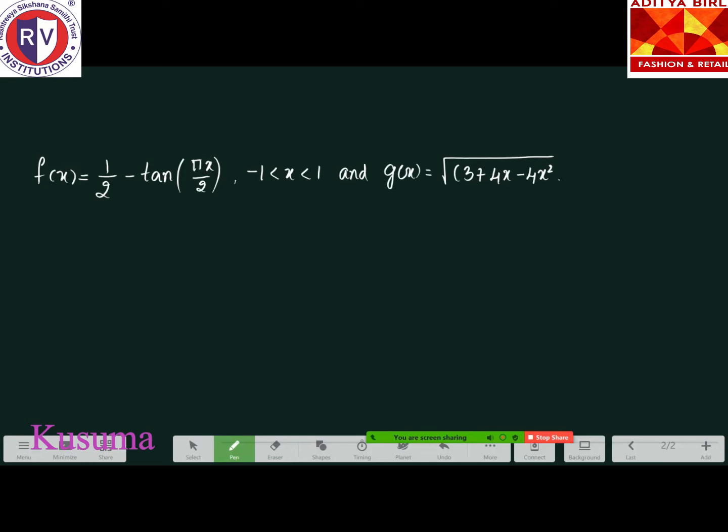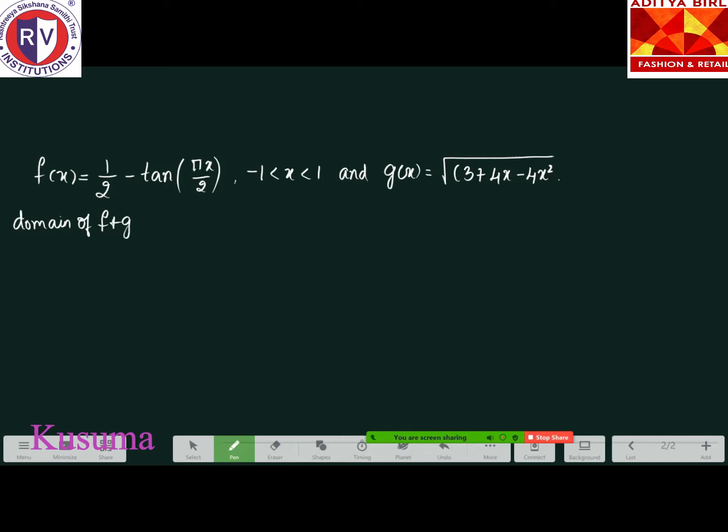Find the domain of f plus g. That is, we have to find the domain of f plus g, that is, for f plus g, where the x lies.